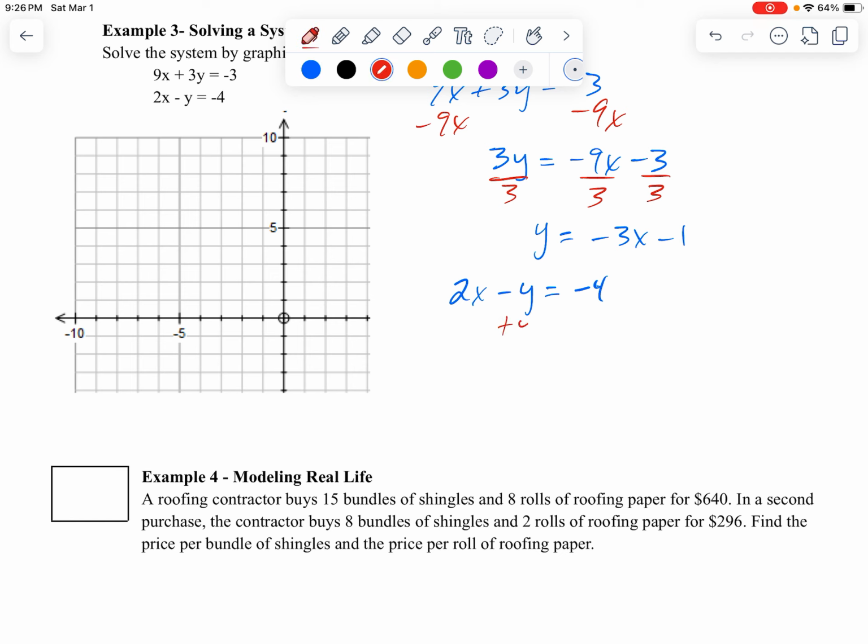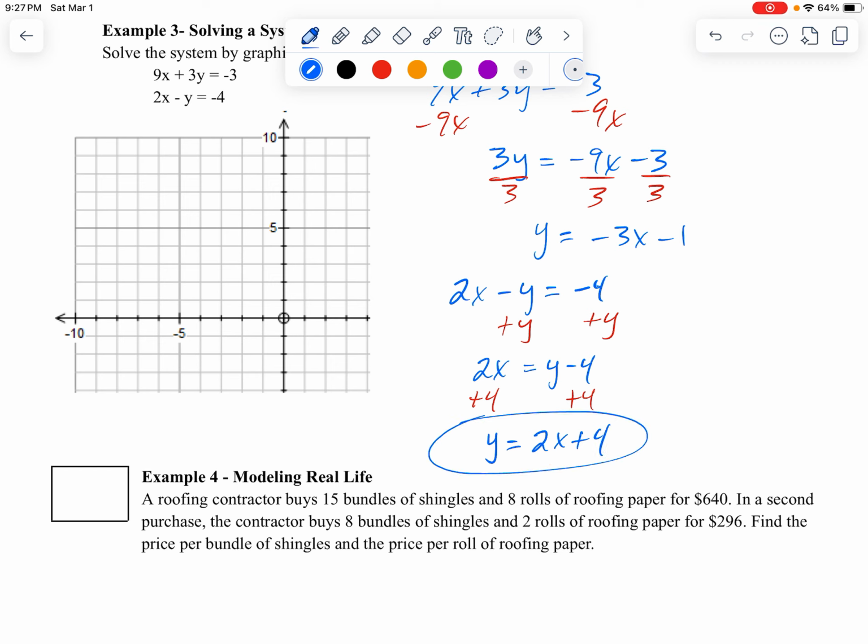So let's do that. Plus y. Again, this isn't the only way to do this, but this is how I would do it. And then add 4 to both sides. And when I rewrite this, I'm just going to flip the y in front because that's the way we normally write this. Y equals 2x plus 4.